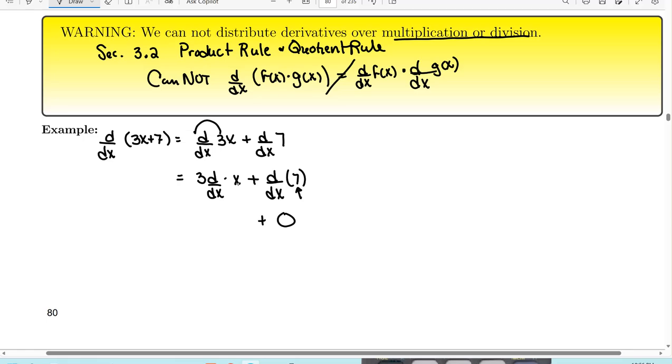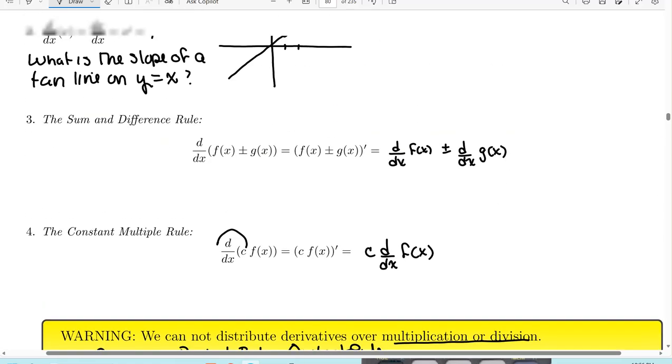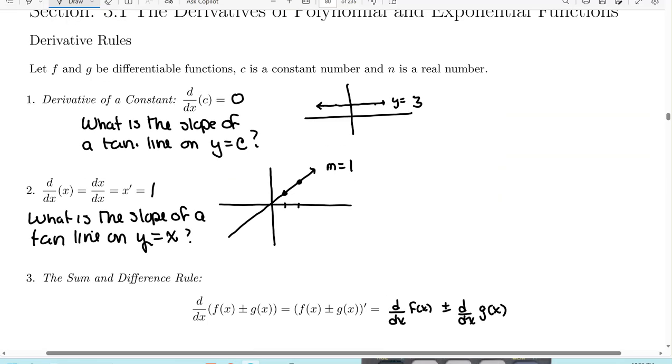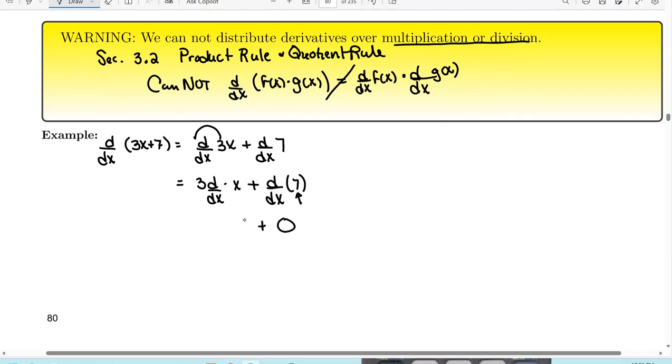The derivative of x is 1 times 3. So we end up with 3, which isn't too surprising because this is the line 3x plus 7. Everywhere on that line has a slope of 3. So the slope of the tangent line anywhere on that line is always going to be 3.